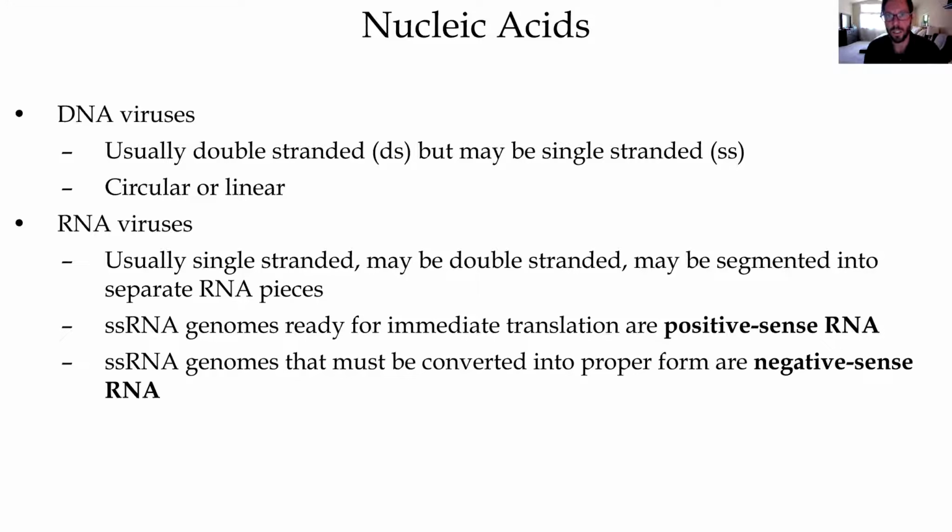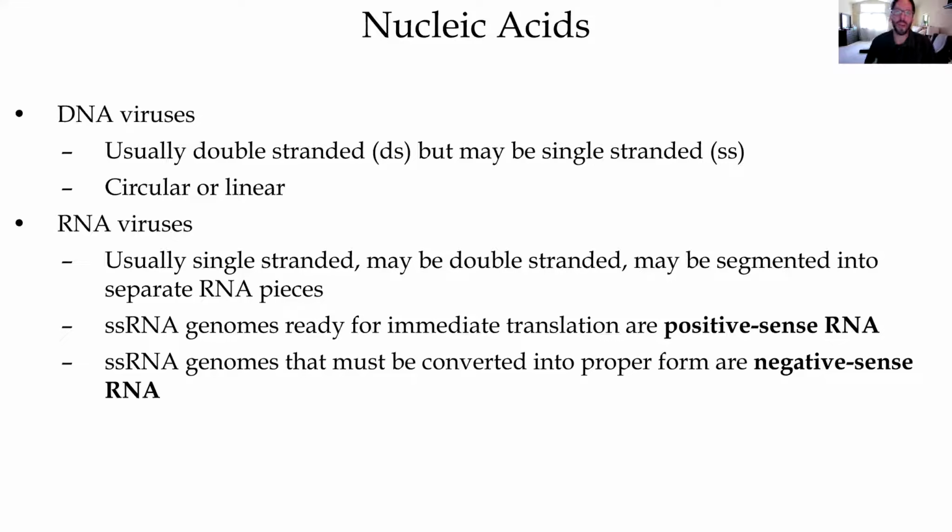Influenza virus, for instance, has multiple different segments of RNA in that capsid. Other RNA viruses may have just one strand of RNA or two strands. So it depends on the type of virus. It can be DNA, RNA, segmented, or just one segment, one strand.